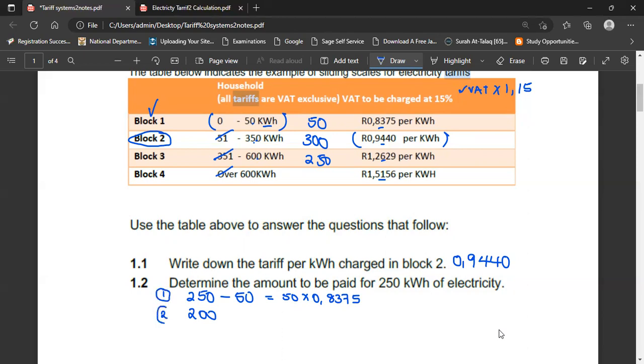Block number 2 needs a maximum of 300, but whatever we remain with is less than 300, so we shall pay for those units. Each is 0.9440.